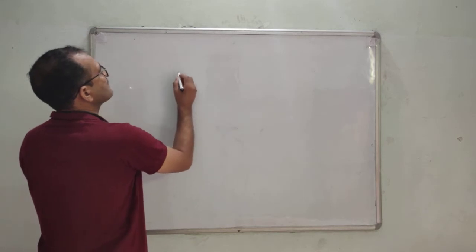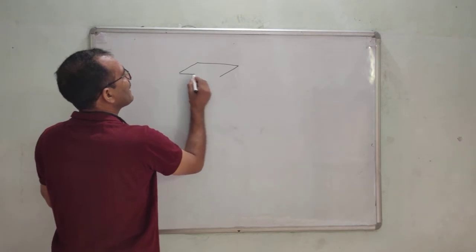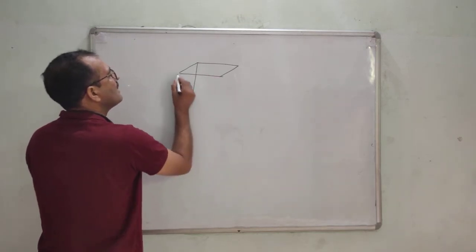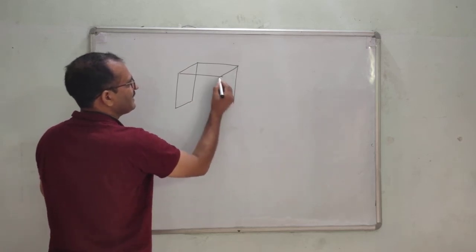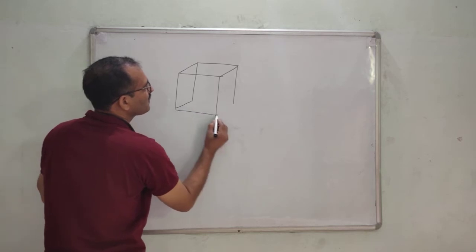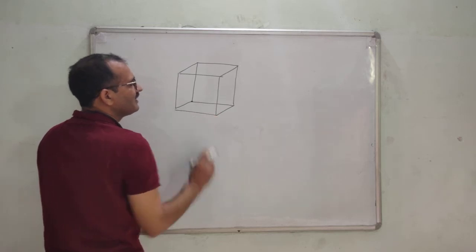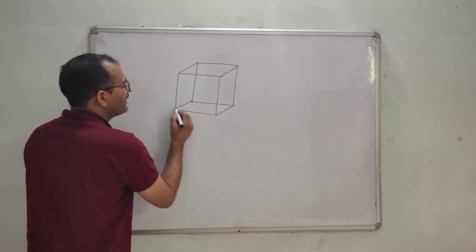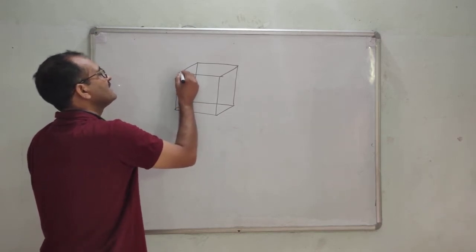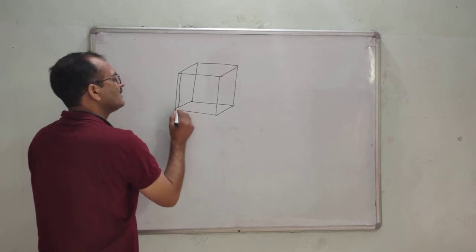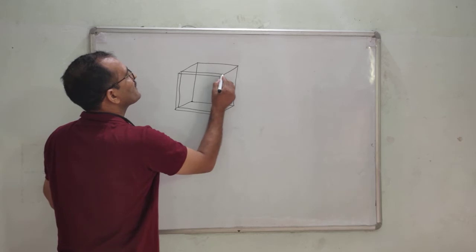A transformer has an iron core, because iron is a ferromagnetic material. We will discuss why a soft iron core is used, and why the core is not a bulk but in the form of sheets.